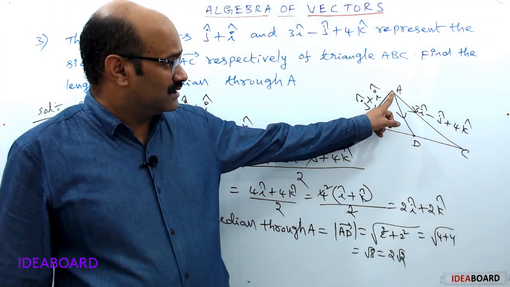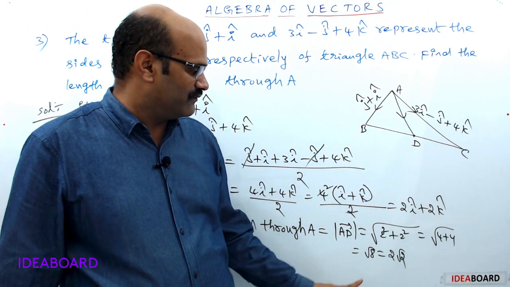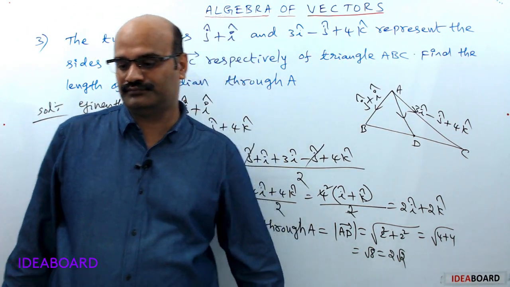Therefore, the length of the median through A is always equal to 2 root 2.